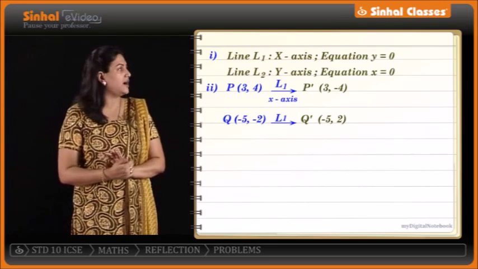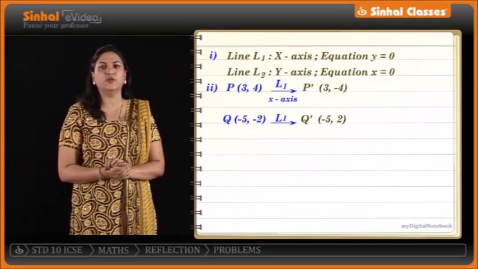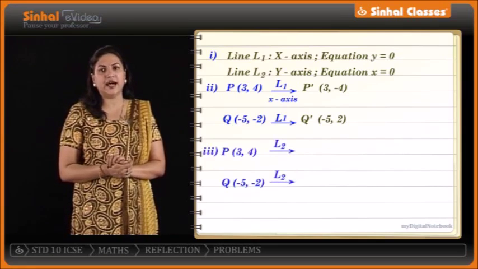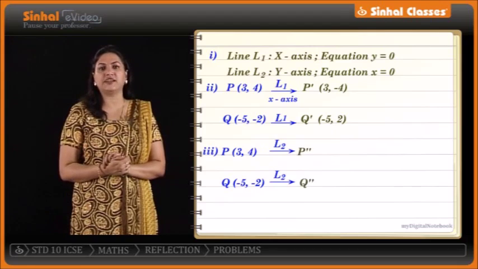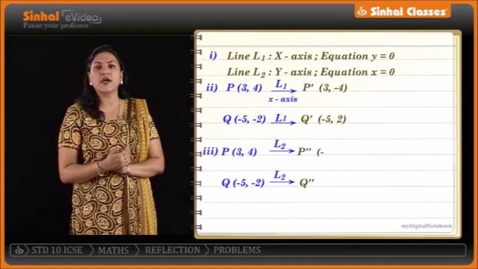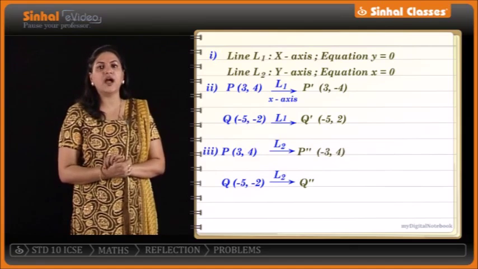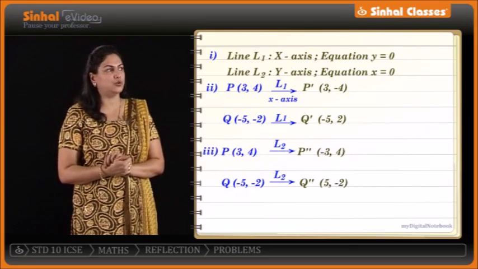Now in the next part, write down the images of the points P and Q when reflected in the line L2 as P double dash and Q double dash. Here the reflection will be in the y-axis, that is, the x-coordinate will change. So we will get P double dash as -3, 4 and Q double dash as 5, -2.